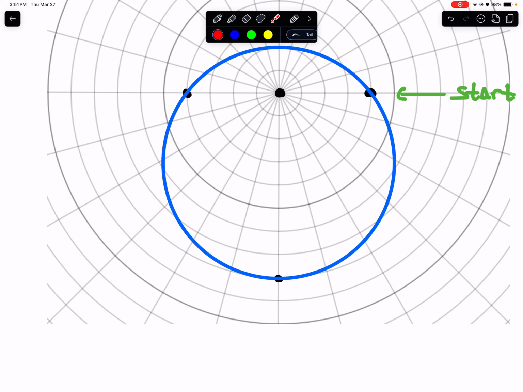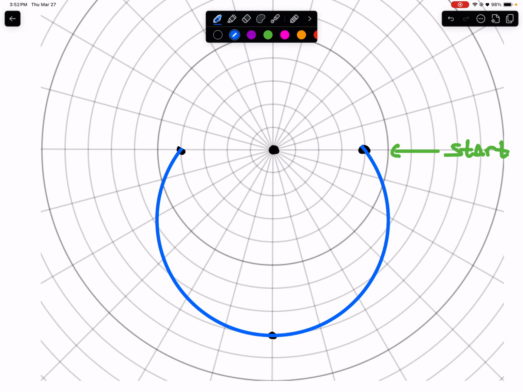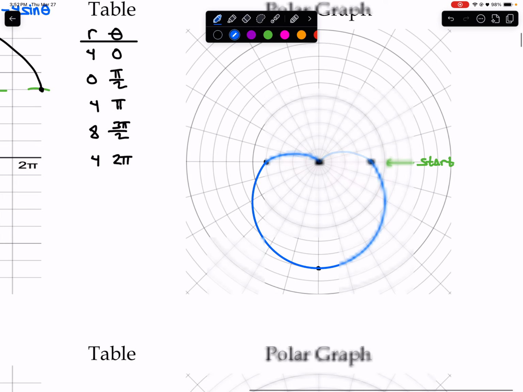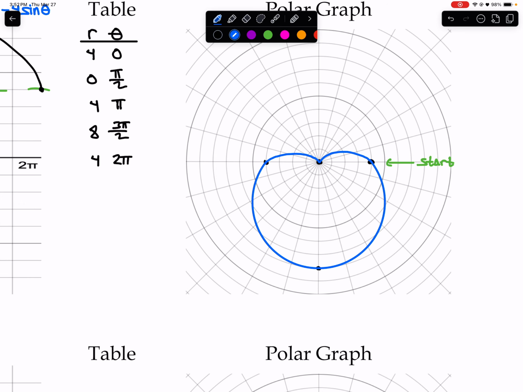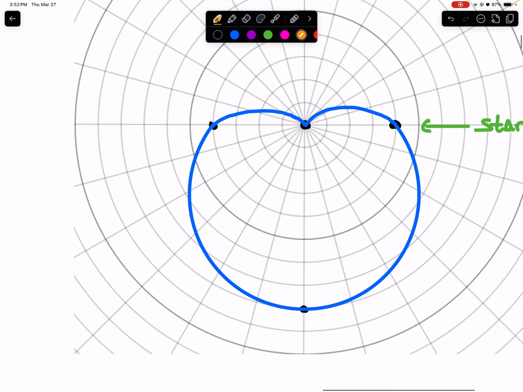Then I'm going to use the partial eraser and erase just a little bit above each of those points so that I can get rid of this segment up here. So it's going to be completely circular in shape, except for this top part, which is going to be more heart-shaped. It's going to look something like this. We're going to get into the name of all these graphs in a bit. So we start at 4 in the direction of 0, and then we follow the path that these arrows are indicating.